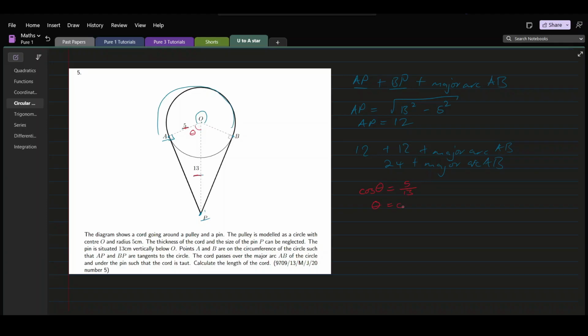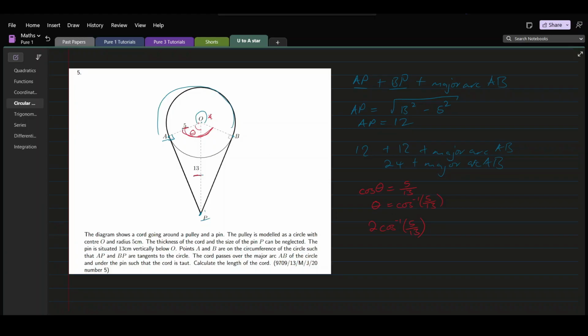So theta is equal to arc cos of 5 over 13, and we're going to leave it as the exact value as it is. And we're saying that the angle that we want is this angle over here, which would then help us to get this angle over here. So that this angle over here that I've drawn, this big angle, is 2 times theta. So that angle will be 2 arc cos of 5 over 13.